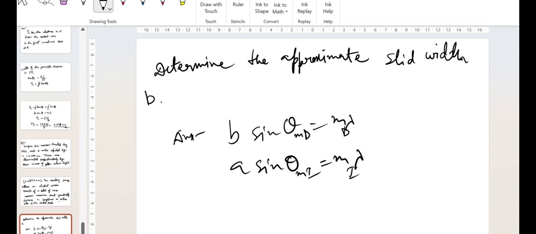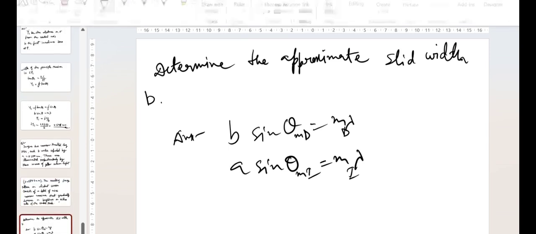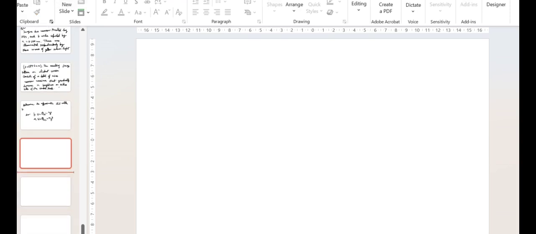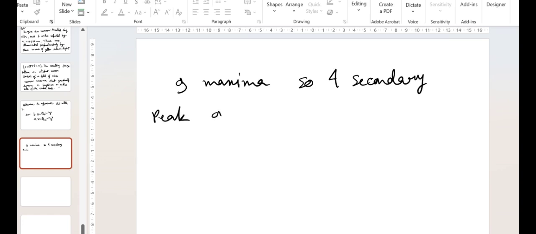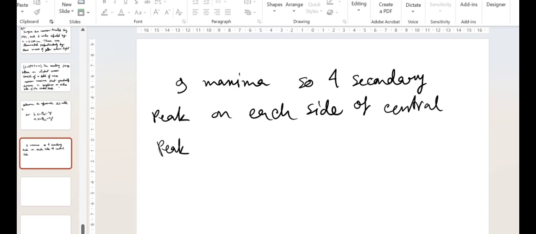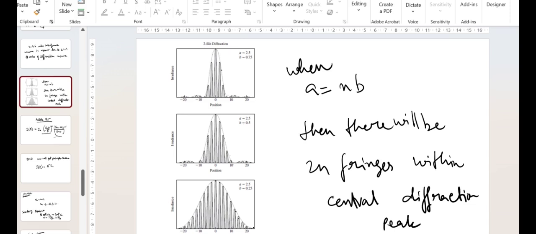And hence m interference is equal to plus minus 4. So here I said that when a is equal to nb, there are 2n fringes, that means 2n plus 1 fringes actually.